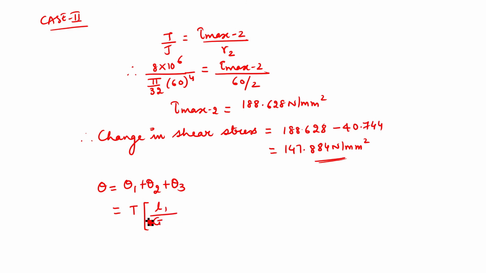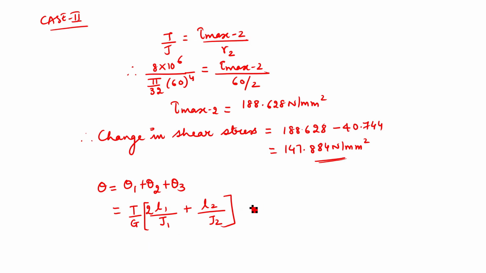The value of G is common for all, so that also can be left out as common. For the first one, it is L1 upon J1 plus, for the second material, it will be L2 upon J2. Now, if you observe for the third one, it is the same as the first one. So here I can just write it is taken twice.